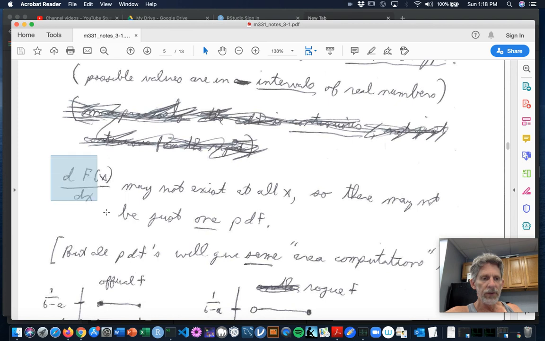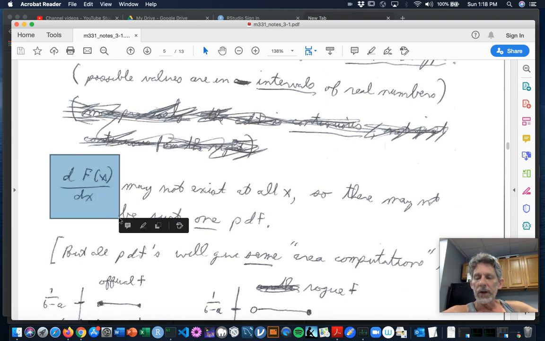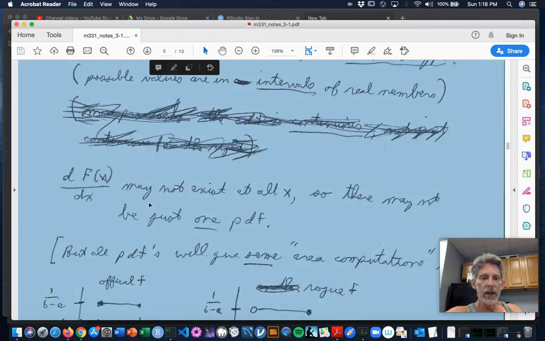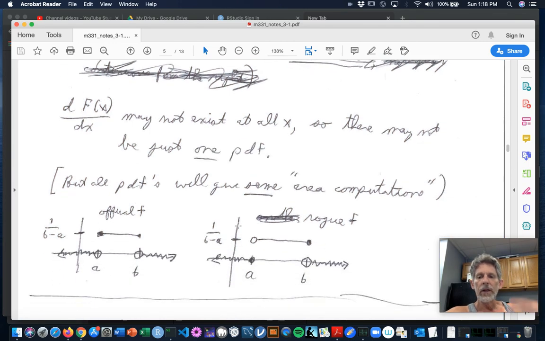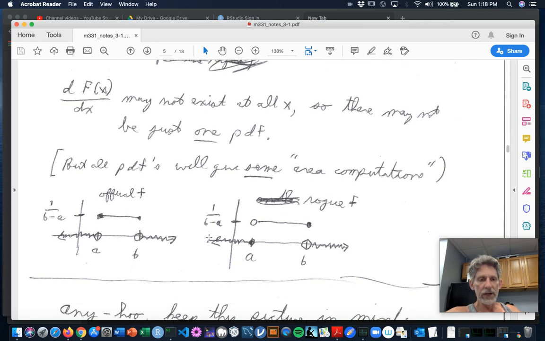And the derivative for the cumulative distribution function may not exist at all x's. They did not exist at A and at B for this family. So there may not be just one PDF, but they'll go ahead and define a standard PDF for you, and they're all going to give you the same area computations no matter what choice was made.